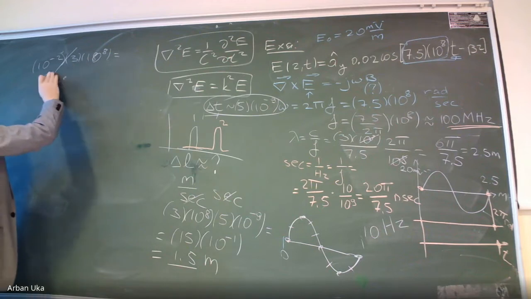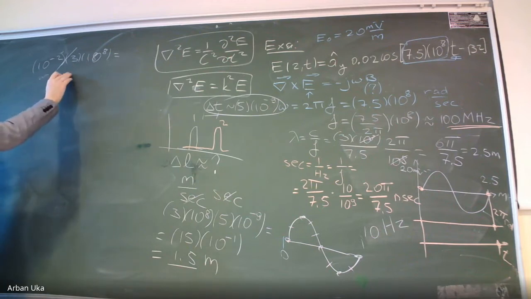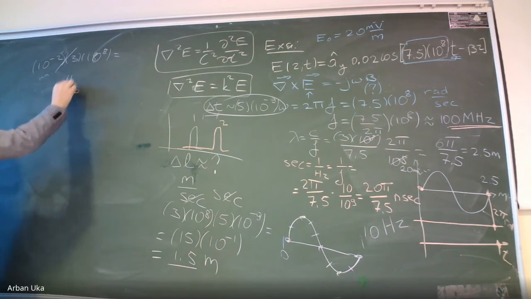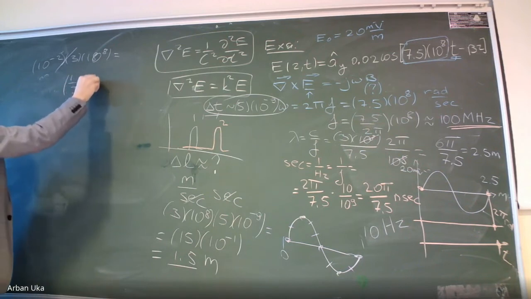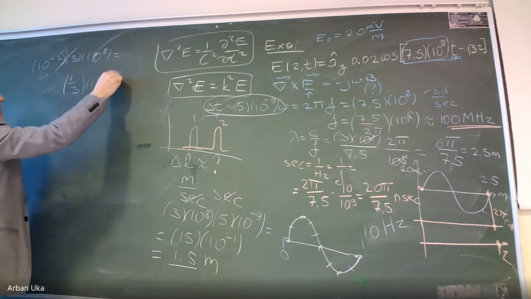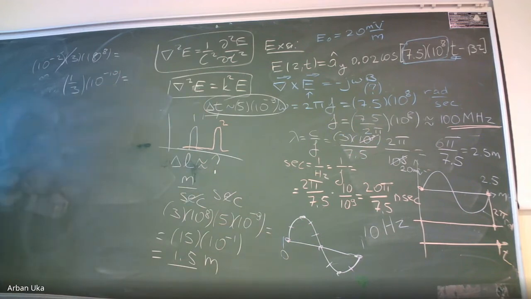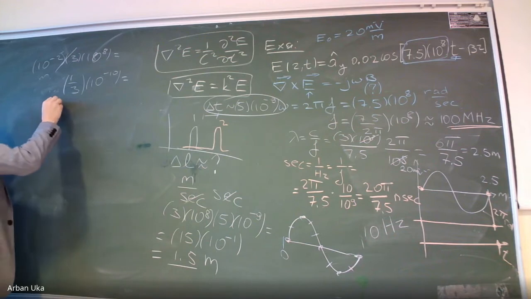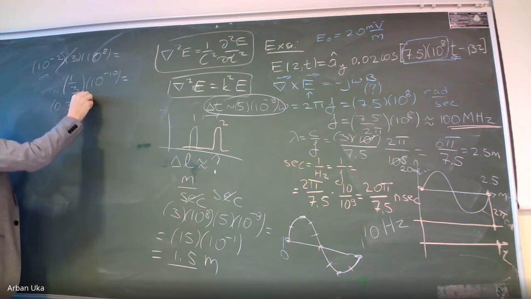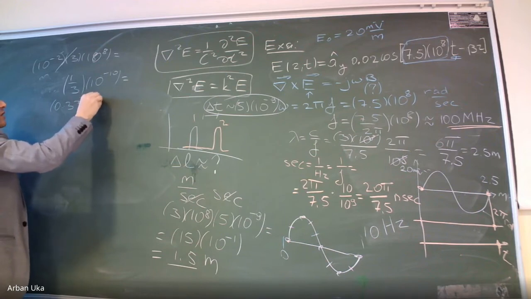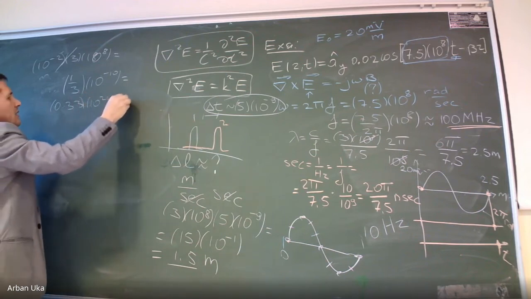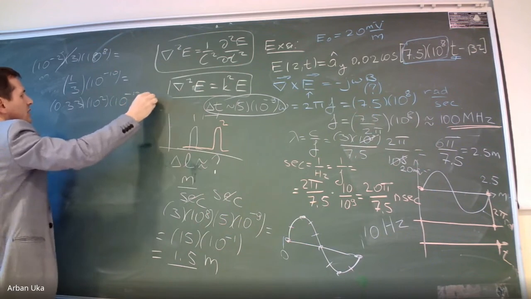Okay, that's true. So the time scale that we can adjust with this one, this would be 1/3 times 10 to the power minus 10. Okay, so this means that 1/3 times 10 to the power minus 10. This is approximately 0.33 times. Let's multiply this one by 10 to the power 2 and 10 to the power minus 12.